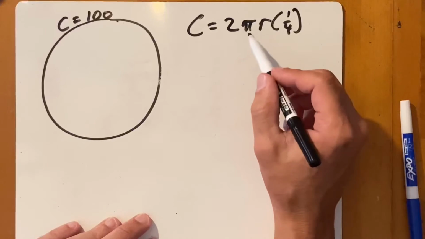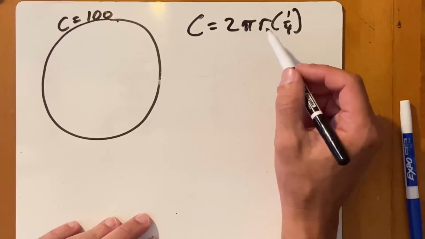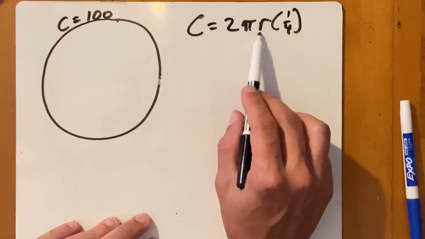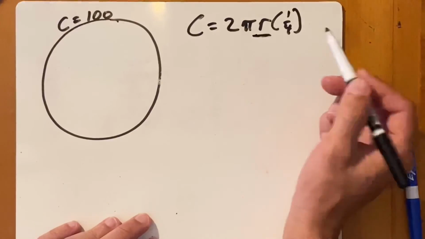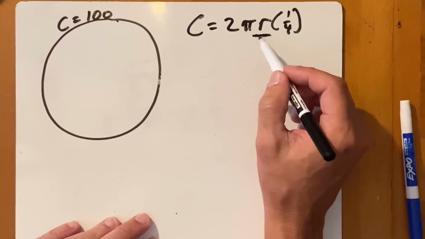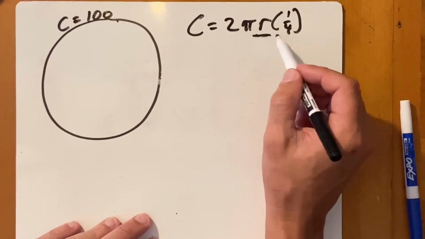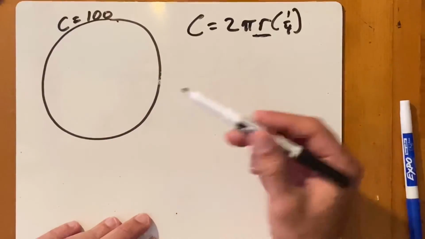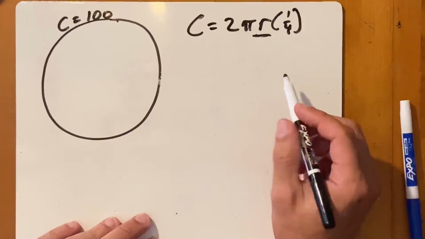So remember, circumference works the same as perimeter. So if I multiply just one of those factors, which in this case there's only one dimension for a circle, and that's the radius, if I multiply that single dimension by a scale factor, then the perimeter, or circumference in this case, is also changed by that same factor.